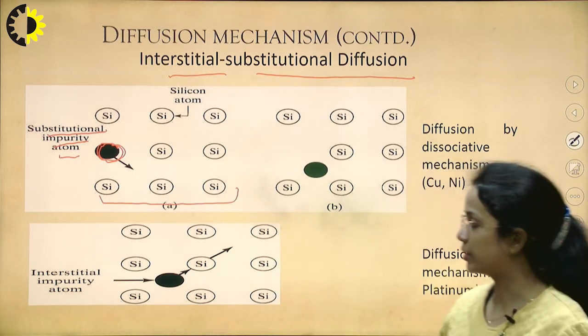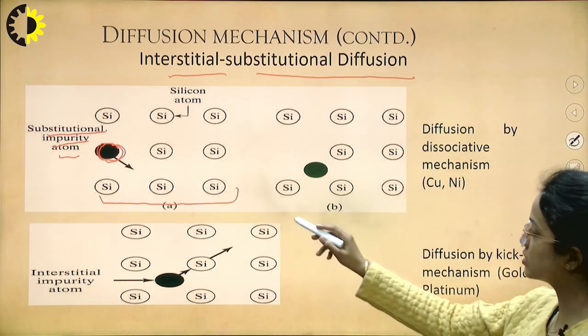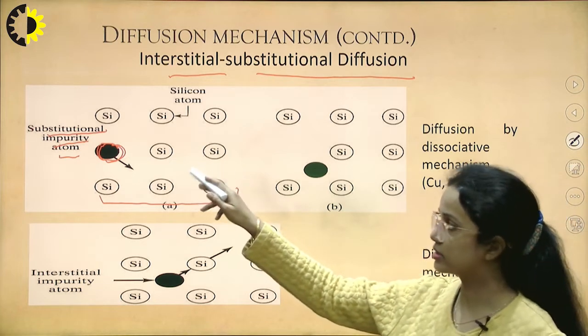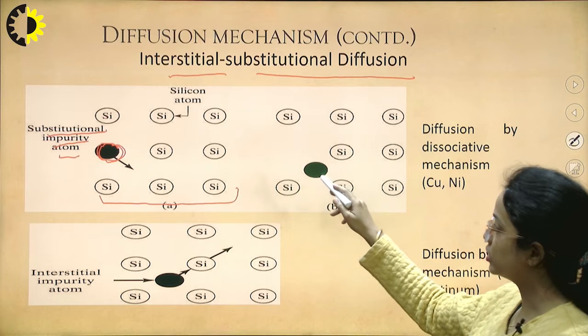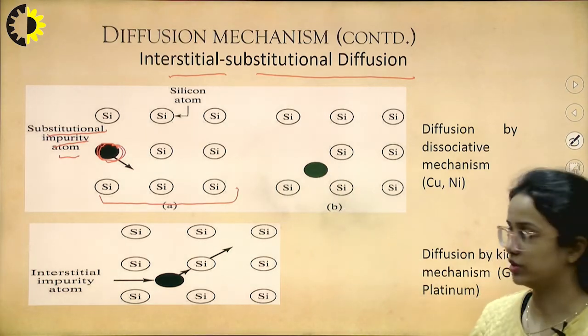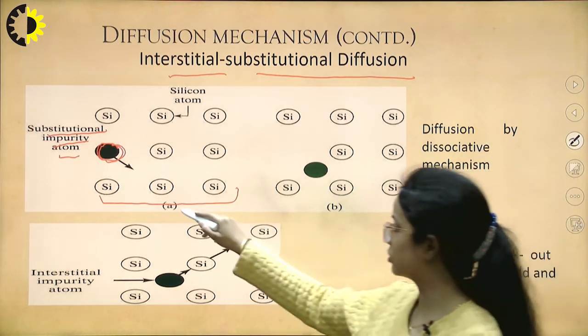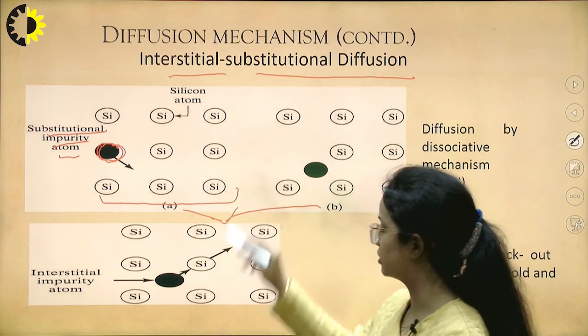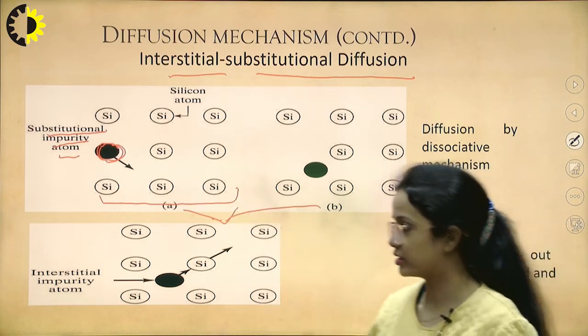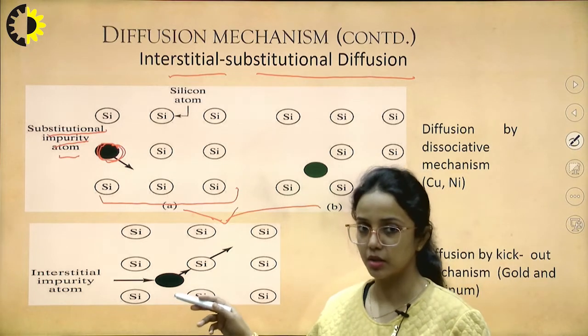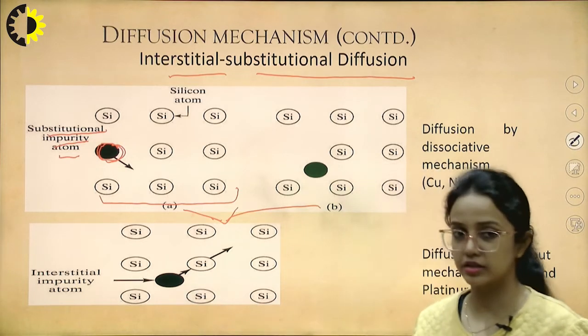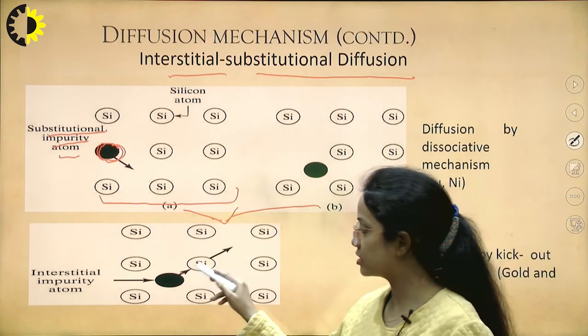Now this already existing atom comes and enters the spaces in between. So the combination of the two can be seen here the other way around: first it enters, making an extra space other than the lattice, and now it is kicking out.